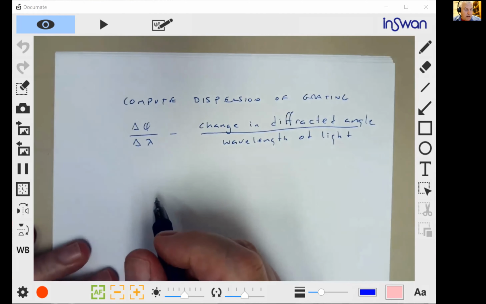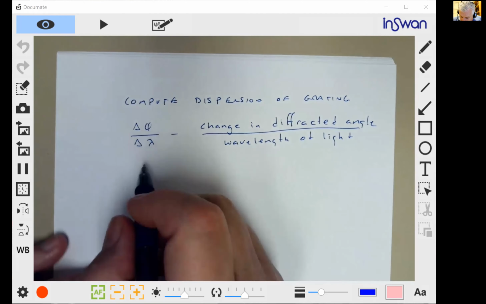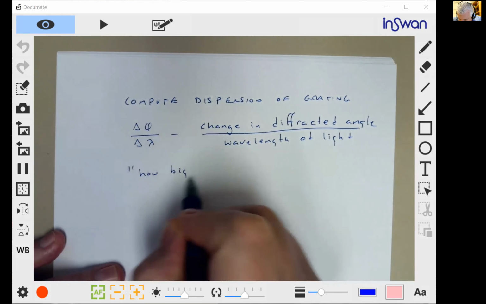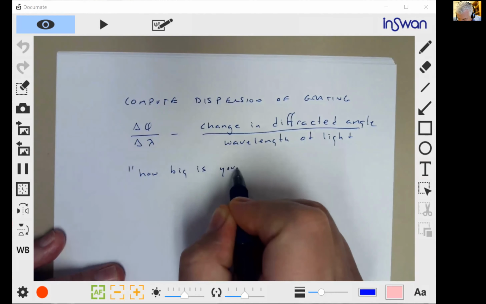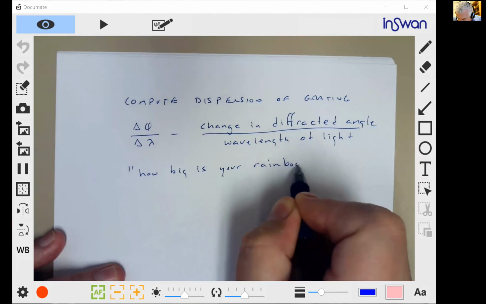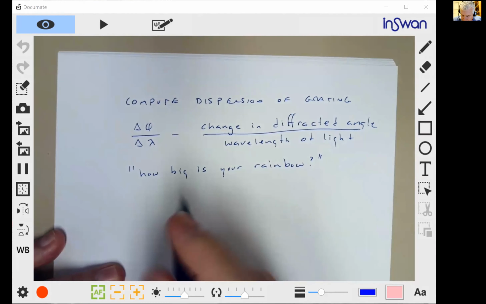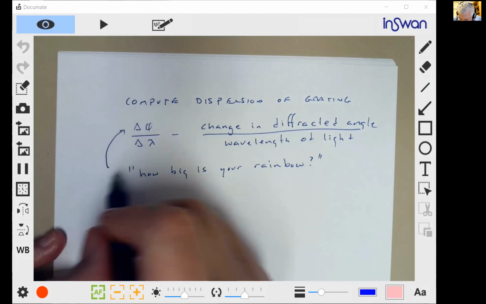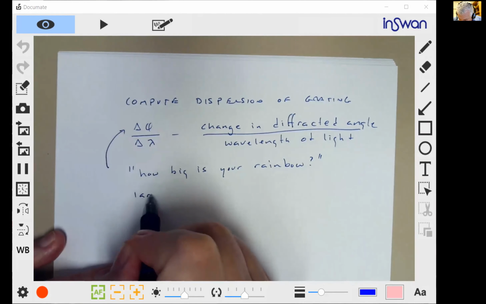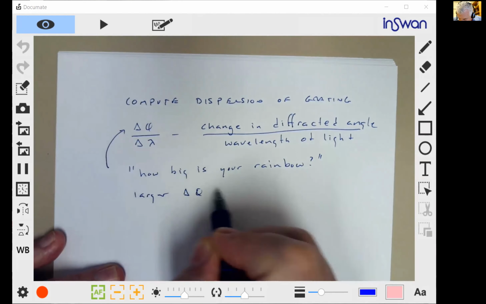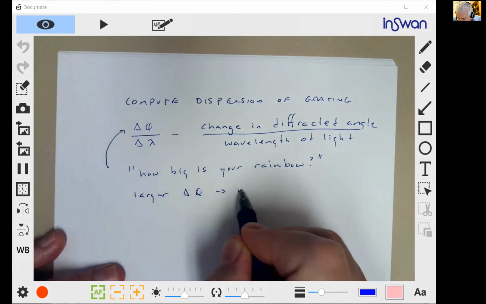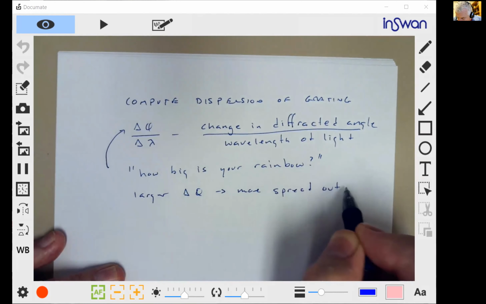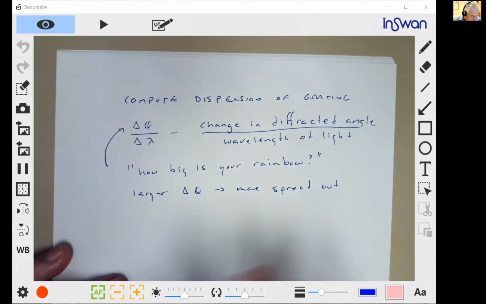So you may think of this question as answering, how big is your rainbow? Because the larger delta phi, it means it's more spread out.